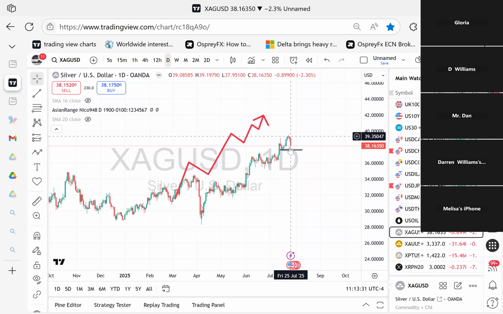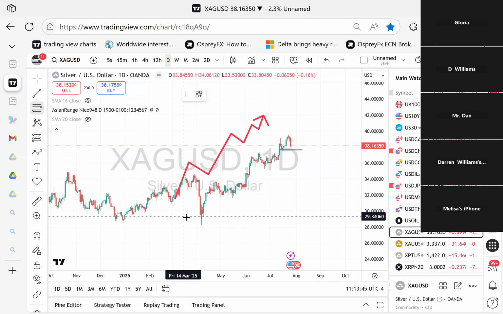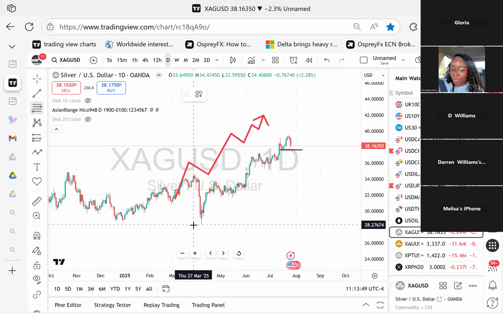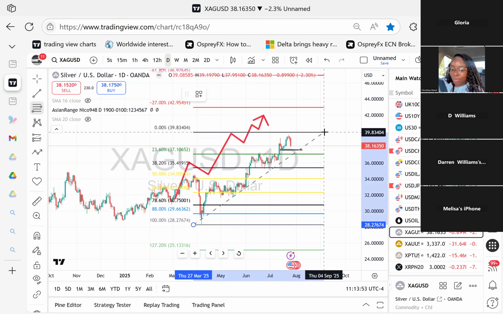Well, no, I'm saying when this pulls here and it pulls back, now you can sell it to the imbalance. To an imbalance. You're right. So this is where we use our Fibonacci. I'm going to go from this low to this high.